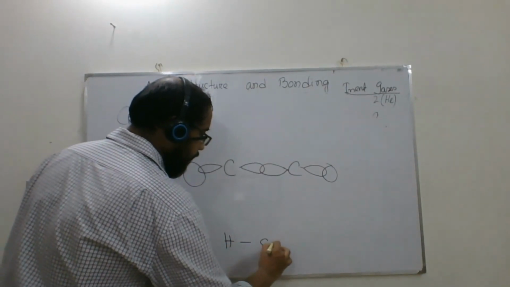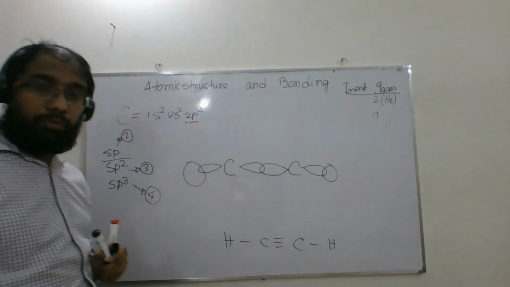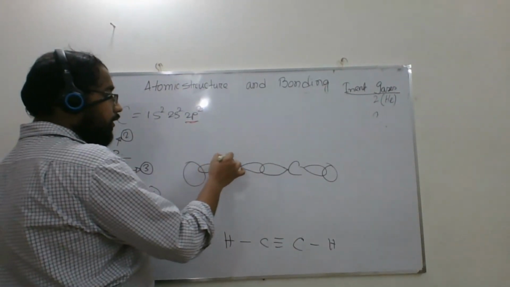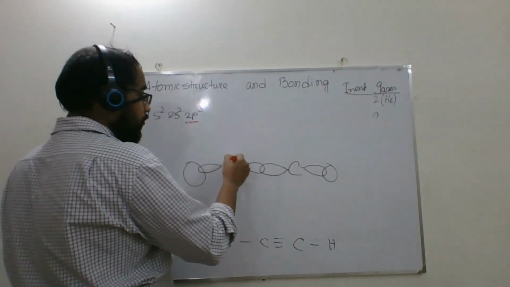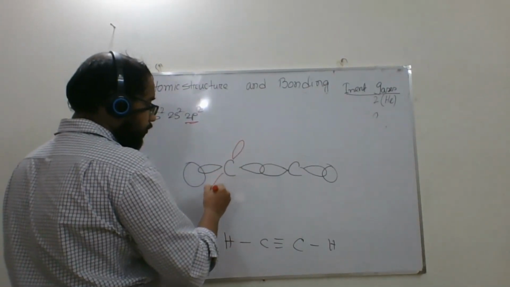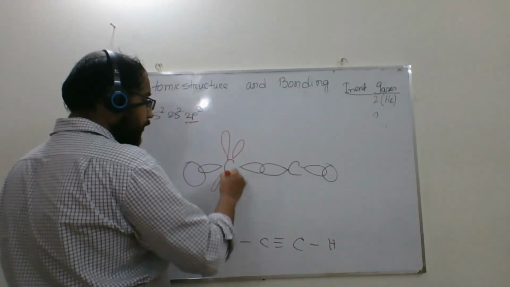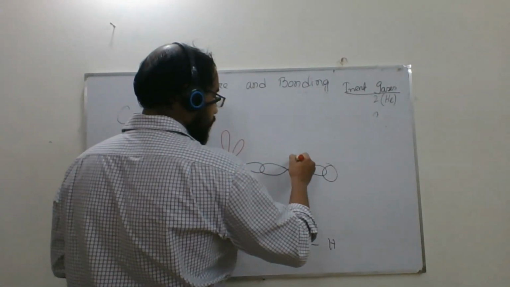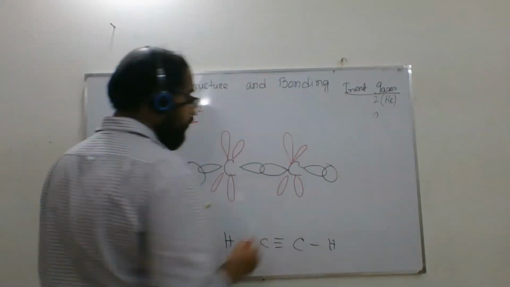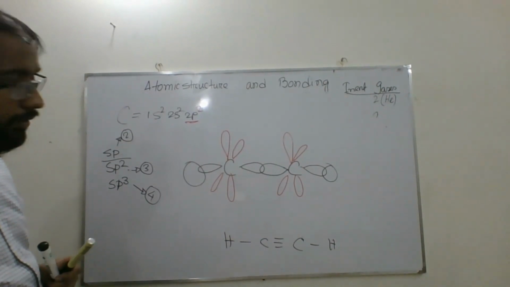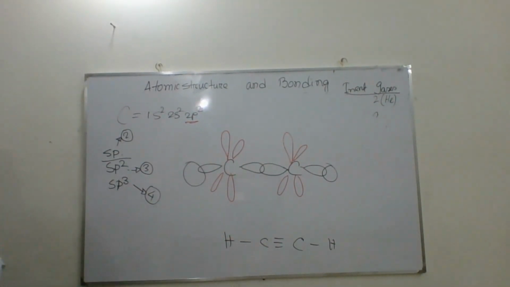We always write this, our common one, we know. So then it has this pi, this pi, this p and this p. So these 2p orbitals are basically empty, not bonding with anyone.